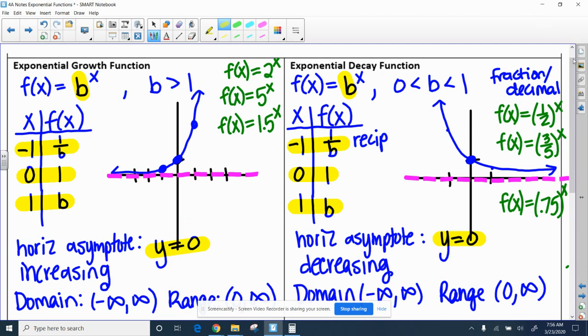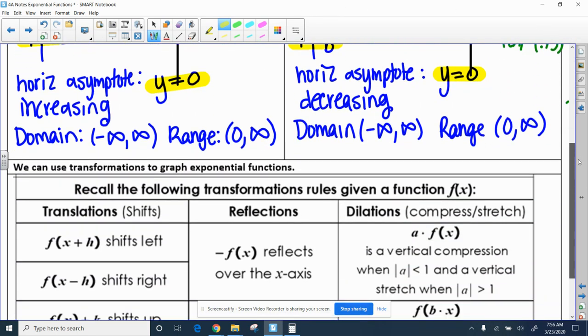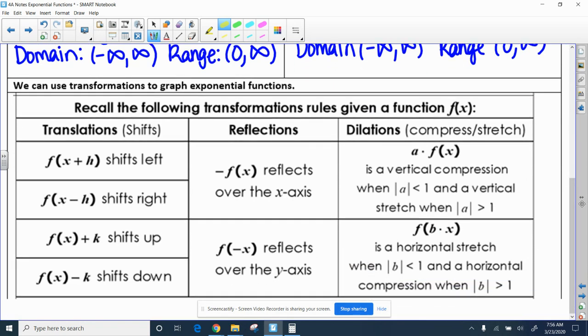So let's just refresh our memory on our different transformations. So we can have translations or shifts. So remember, when something is added with the x, it's shifting left or right. f of x plus h shifts left, f of x minus h shifts right.